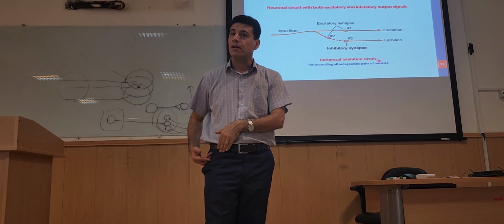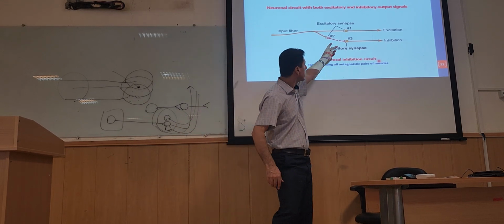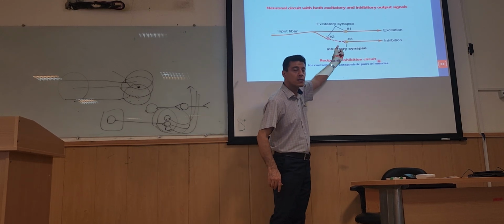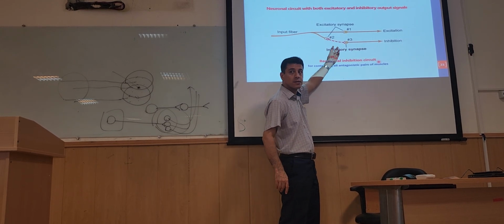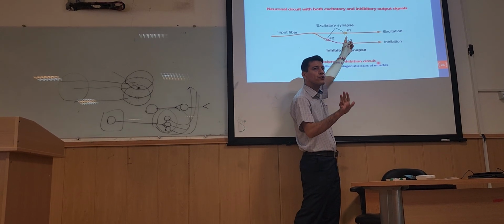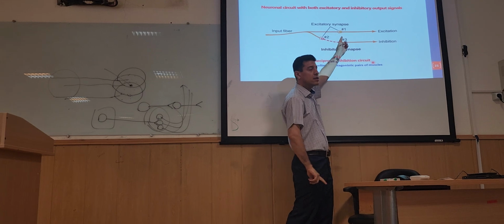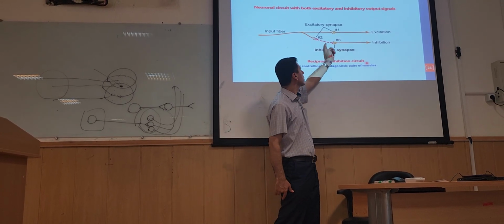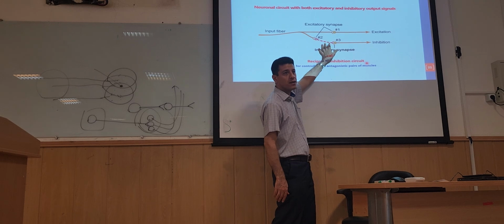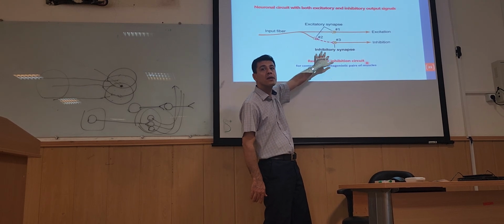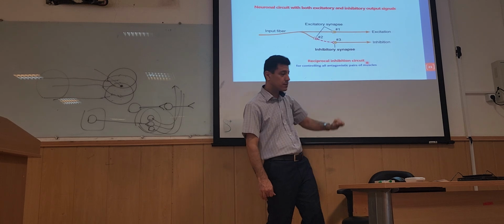Antagonist muscles are inhibited by way of an interneuron. So a neuron from the cortex comes to the spinal cord, activates the alpha motor neuron to the agonist muscle directly, and inhibits the motor neuron to the antagonist muscles by way of an interneuron. So we call this reciprocal inhibition circuit.